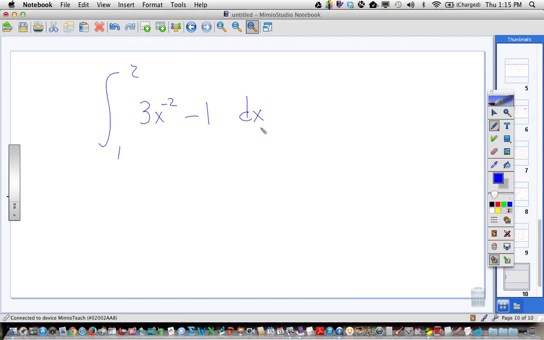Now, if that was 3 over x, we would have a natural log. The antiderivative of 1 over x is natural log x with the 3. But if it's x squared or something else, only if it's x to the first power do we worry about natural log. If it's another power, then you just do it like this. Now it's just your power rule. So you raise that up 1, which would be negative 1, divide by negative 1.